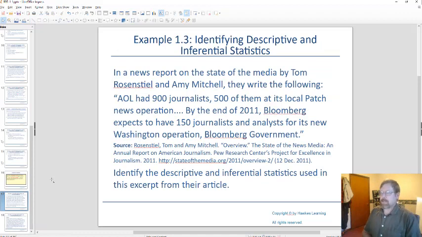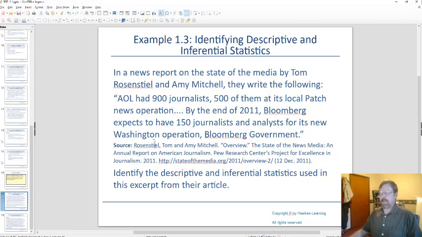Okay, so let's do this example. If we're looking at a news report, what are the inferential and descriptive statistics from this excerpt? Okay, we've got AOL had 900 journalists, 500 of them at its local operation. By the end of 2011, Bloomberg expects to have 150 journalists and analysts for its new Washington operation, with some text missing at the end here.